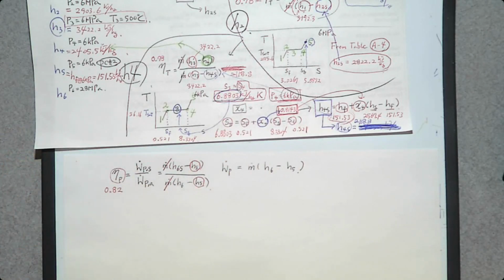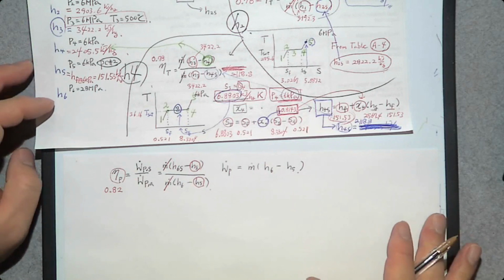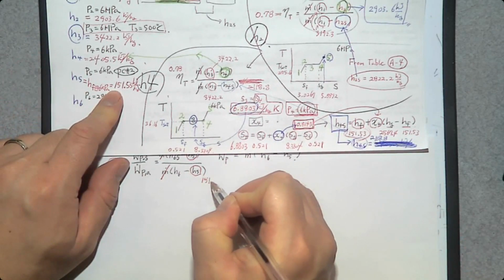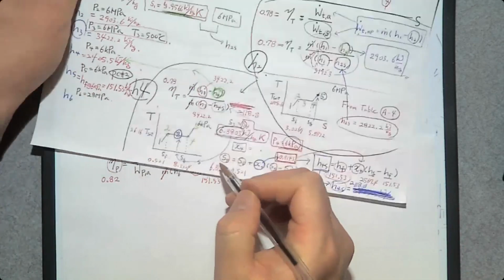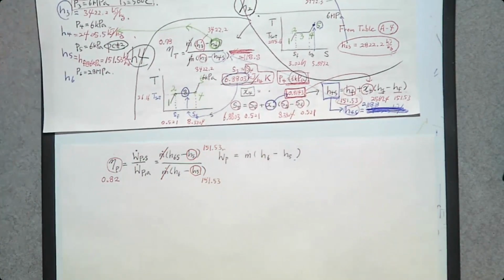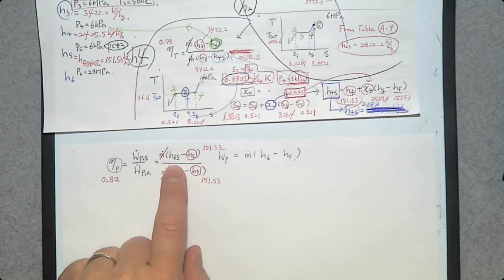Regardless of whether isentropic or actual pump, the inlet conditions do not change. So it's 151.53. Now the question is, how do we determine this H6?